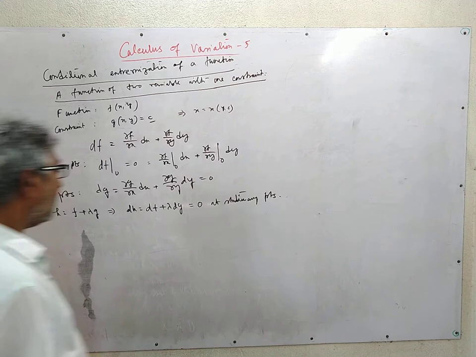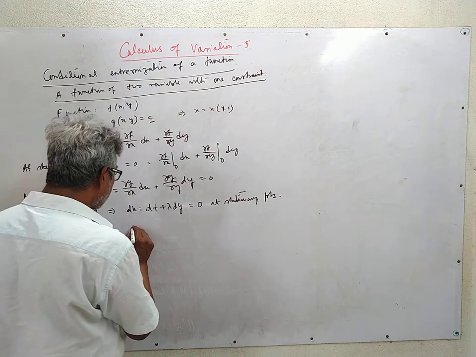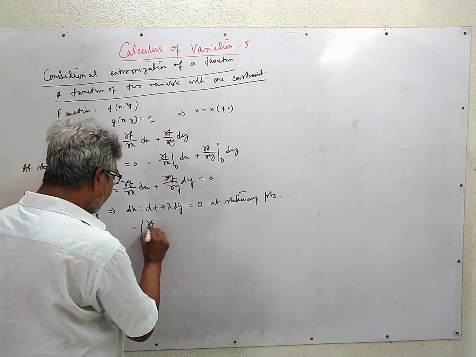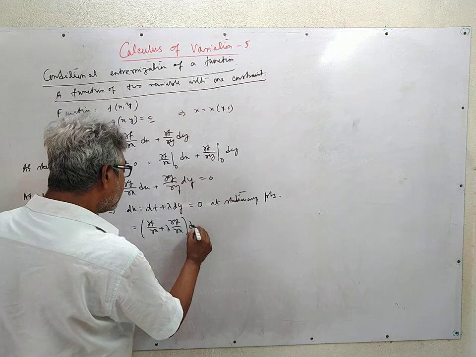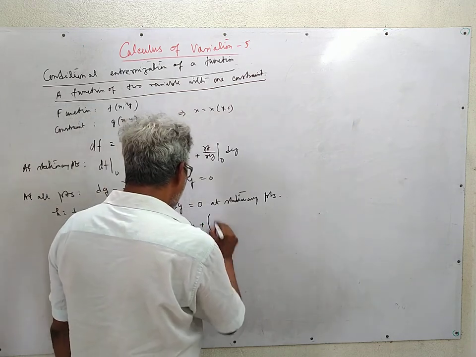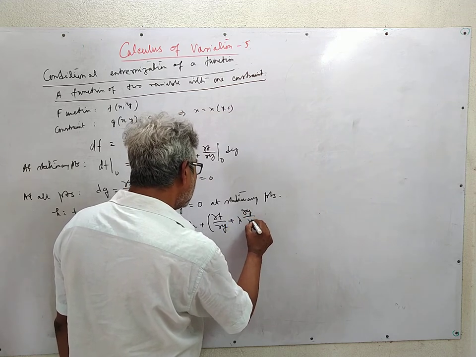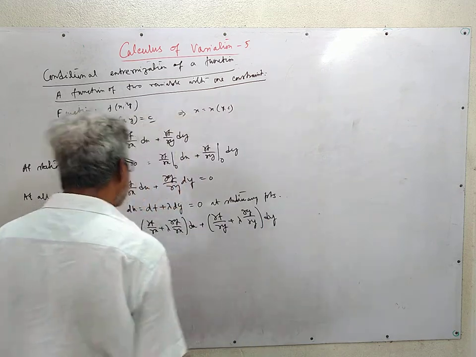Points provided lambda is a finite quantity. In which case, we demand that both x and y are independent of each other, so that this becomes (∂f/∂x + λ ∂g/∂x) dx + (∂f/∂y + λ ∂g/∂y) dy equal to 0 at the stationary points.